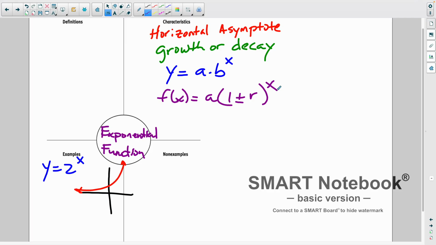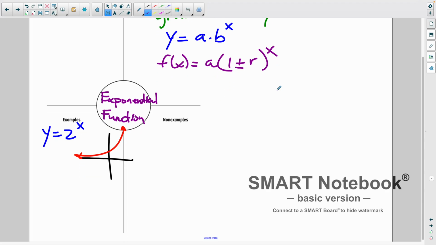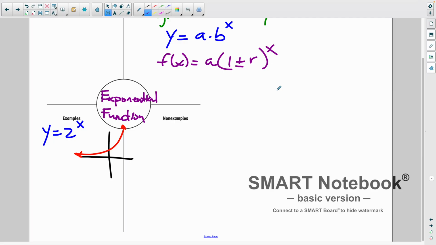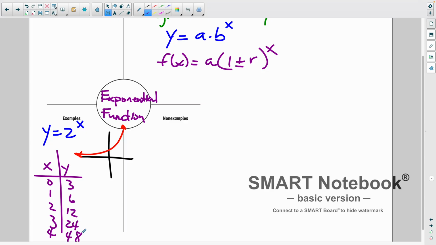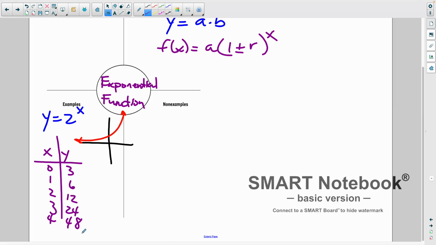The other thing that I want to look at on this, and this is kind of where we are gathering our definition, is looking at a table. So if I look at this table right here, okay.